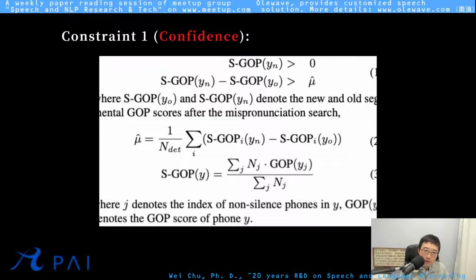Whenever the posterior of a certain pronunciation exceeds a threshold, I would say it's very likely a mispronunciation occurred. And I call this confidence, or the confidence score will decide whether something can be considered as a mispronunciation other than accent. Okay, you know the difference between mispronunciation and accent. So I have an accent, but most of the time I do not make mispronunciations.